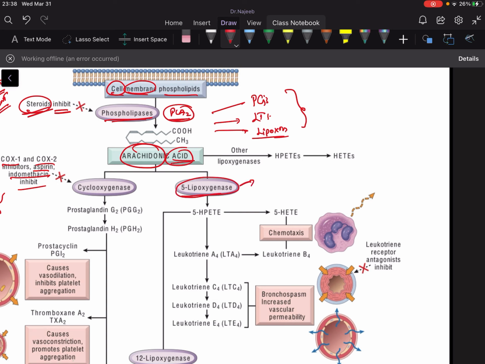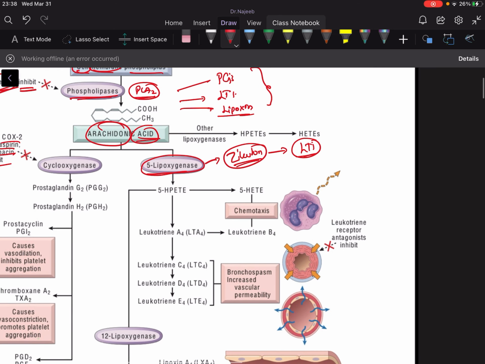Can you name it? It is called zileuton. Zileuton will inhibit the 5-lipoxygenase enzyme, and there will be no production of leukotrienes like leukotriene C4, B4, D4 and E4. So this can be used in asthma, because in asthma there is leukotriene production, and leukotrienes cause bronchospasm.